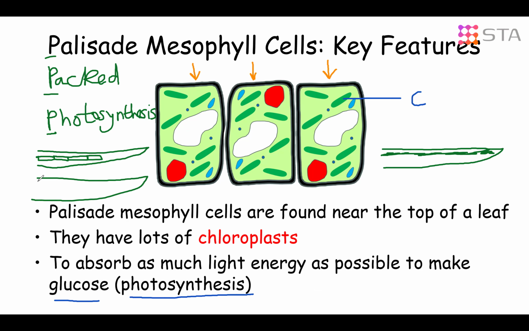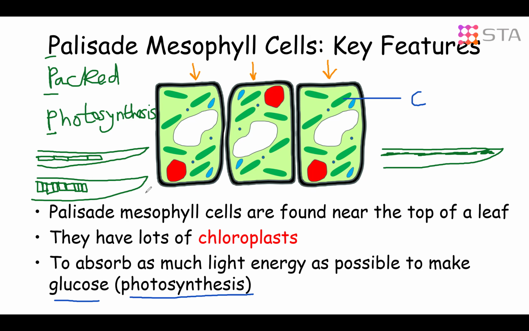But because they're vertical, you can actually pack more in like this. So because they're vertical and rectangular shaped, which means they pack tightly together, you can get many, many more of the palisade cells into a leaf, each absorbing lots and lots of light.